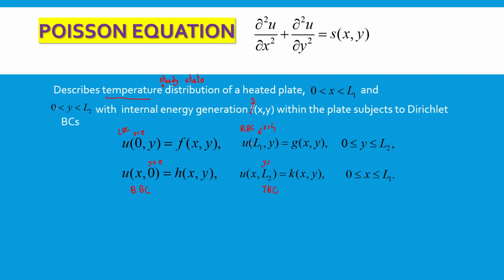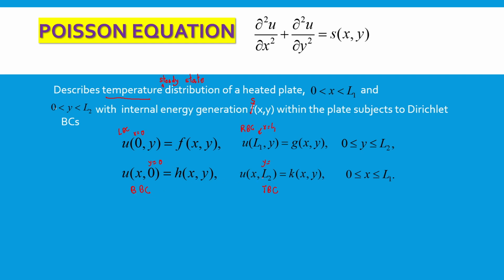And then u(L1,y). So this is x equal to L1, which is a vertical line. So this is a right boundary condition equal to g(x,y), where y is from 0 to L2. u(x,0) equal to h(x,y). This is y equal to 0, a bottom horizontal line, so this is a bottom boundary condition.